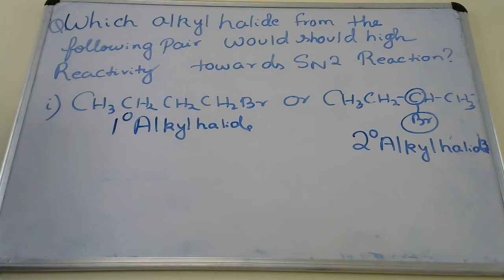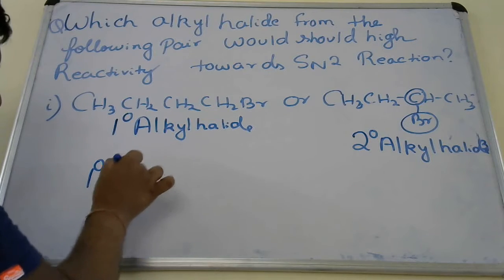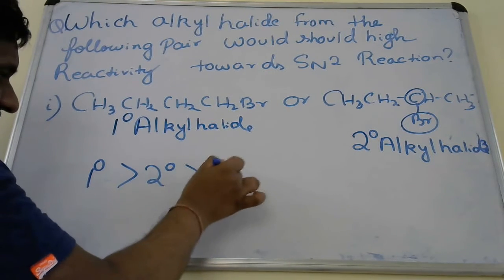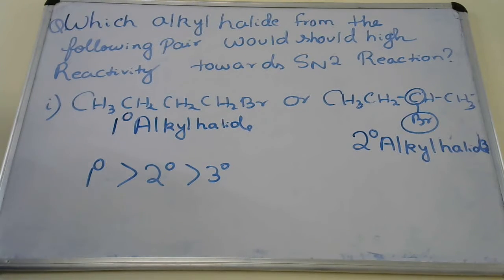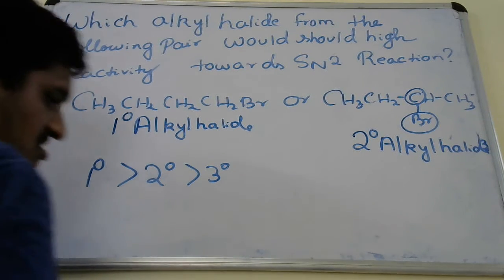You know the order of reactivity in SN2: 1 degree alkyl halide is more reactive than 2 degree, which is more reactive than 3 degree. 1 degree is the most reactive because of less steric hindrance.